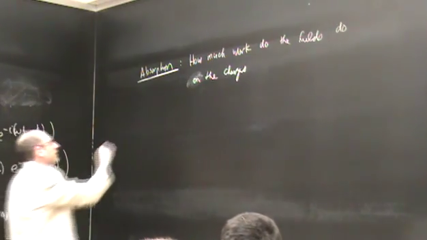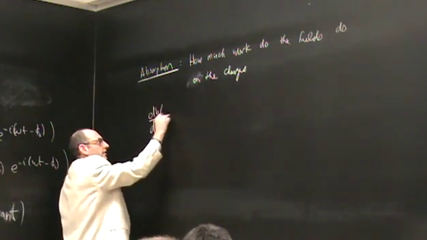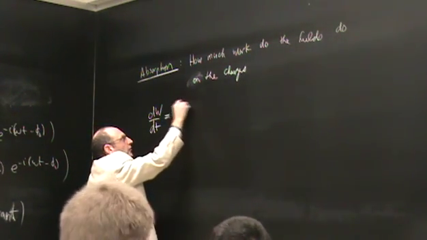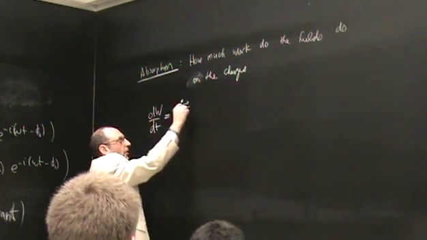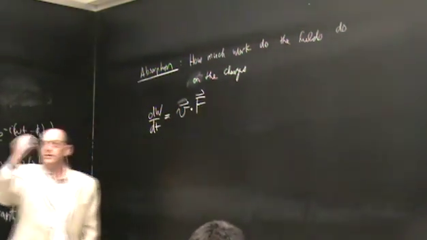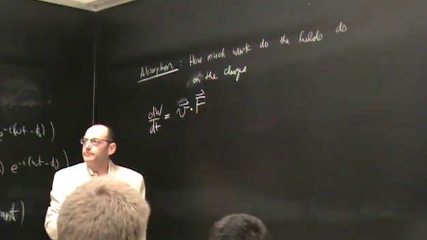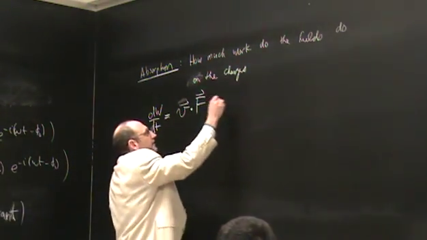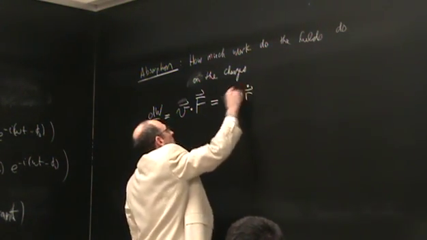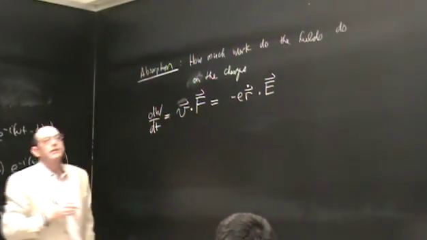Well, the rate at which work is done on the charges is given by the local velocity of that charge dotted into the force that's acting due to the fields. That's power. In our case, the force is given by minus the electric charge.